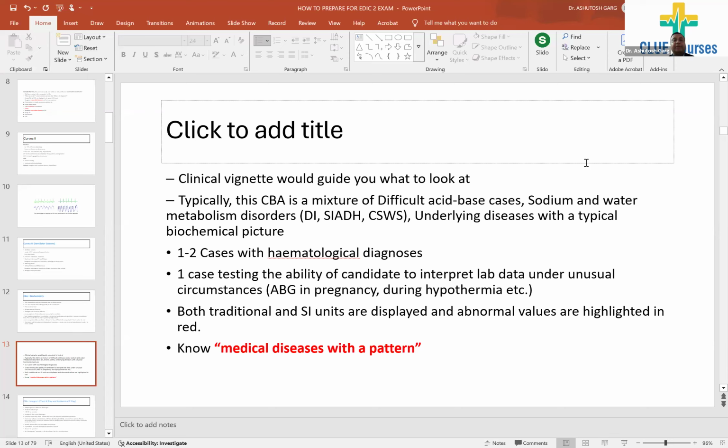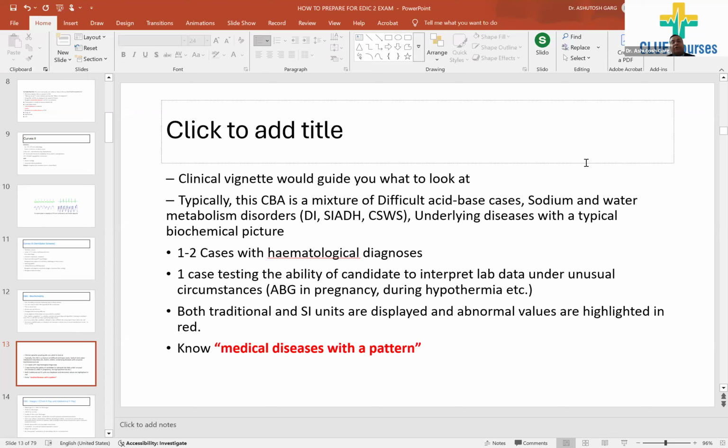During hypothermia, ABG interpretation is different, unlike in normothermia. So the same test can be interpreted differently in different circumstances. Both traditional and SI units are displayed and abnormal values are highlighted in red.